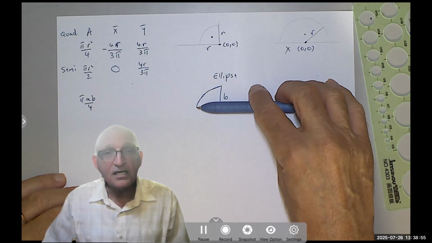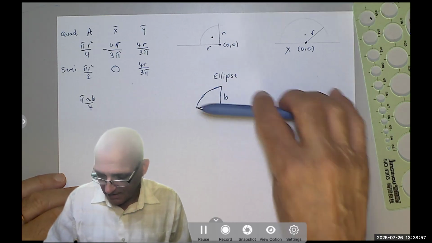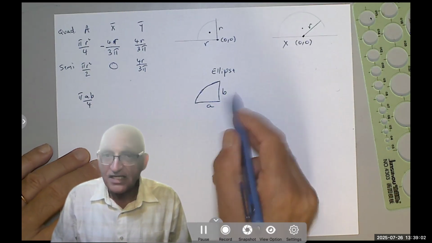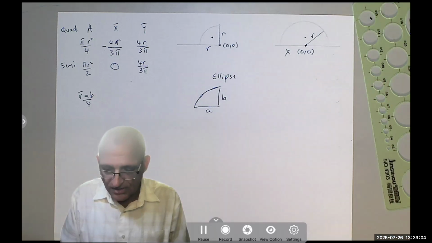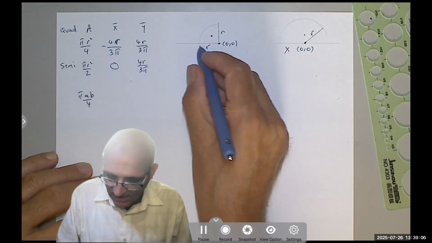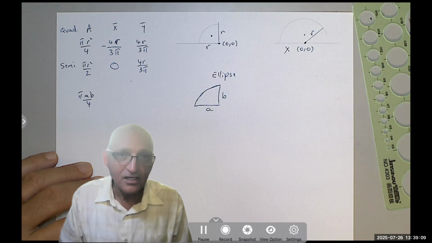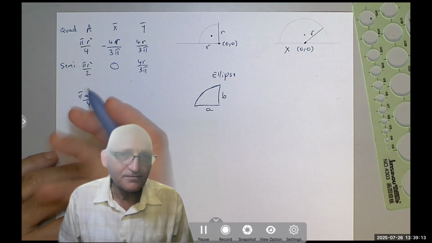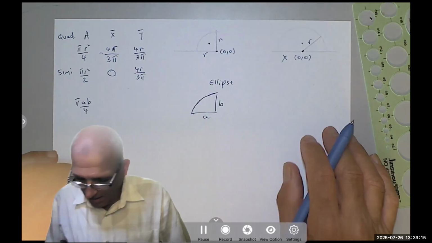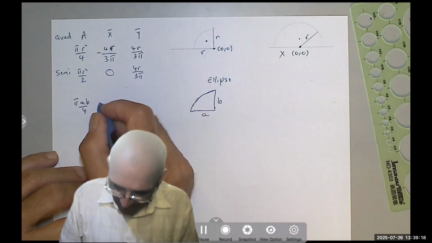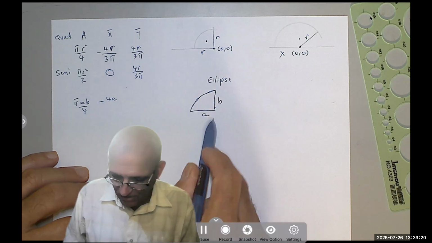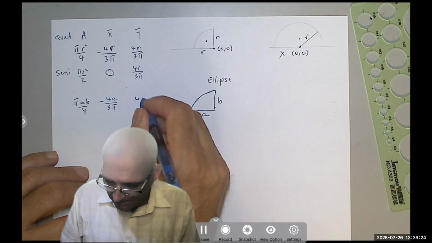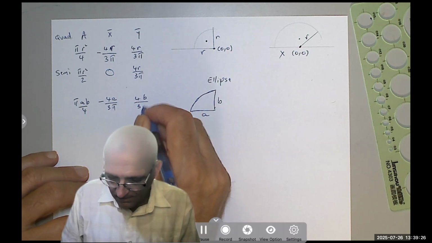The semi-major axis and the semi-minor axis, if they are equal, they become a circle. So instead of saying r times r times pi over 4, we say a times b times pi over 4. Accordingly, this would be negative 4a over 3 pi, and that would be 4b over 3 pi.